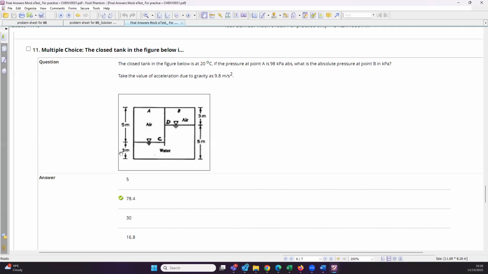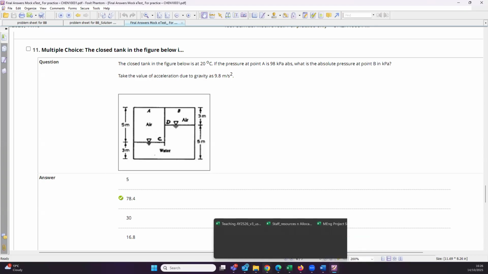Okay? Is it clear for everyone? That we are not using this 3, but actually this 3, because we know that this point is at height of 3. And if we go in the same plane, it will be 3 at this point. So the remaining height of the water will be 5 minus 3, so 2 meters.